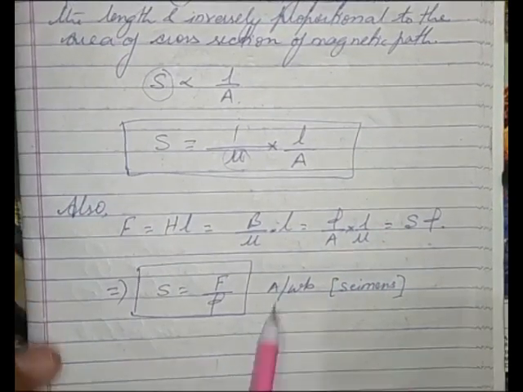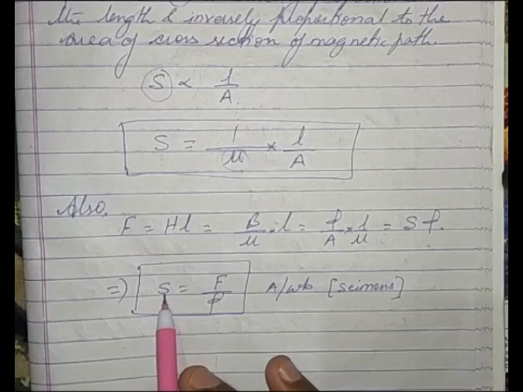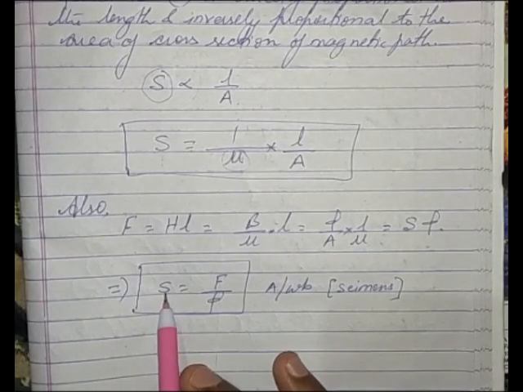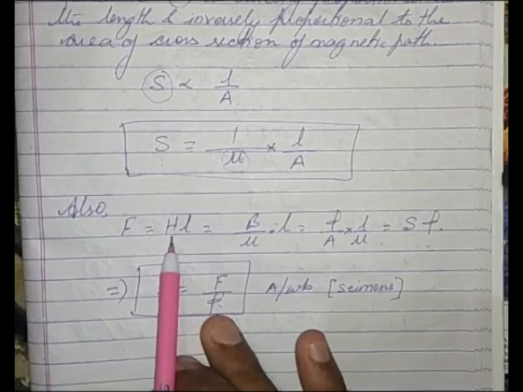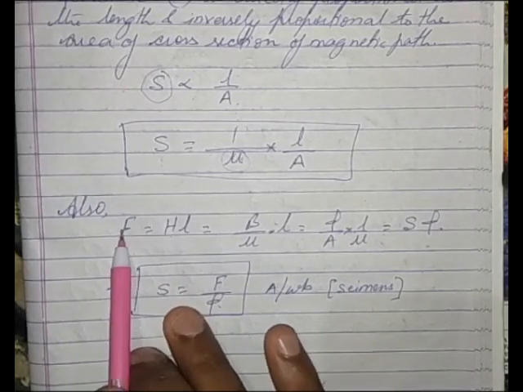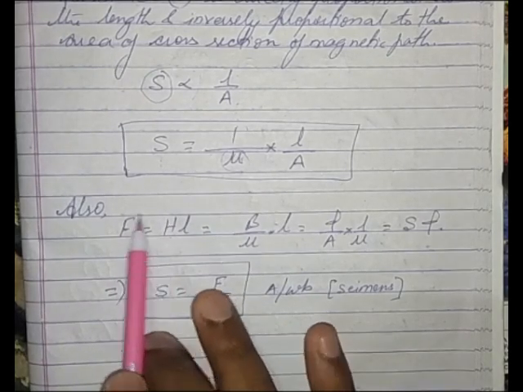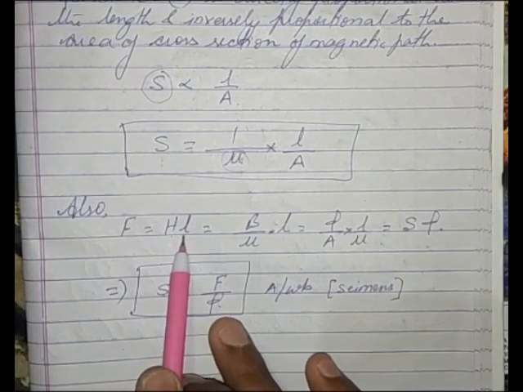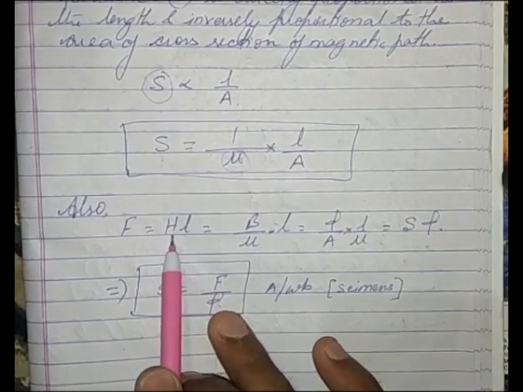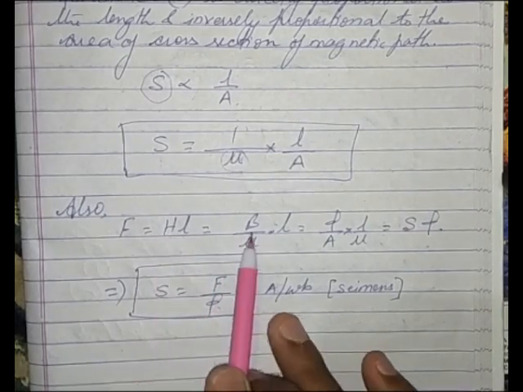Now we can also derive a formula which relates reluctance, MMF and flux. We know that H, the magnetic field intensity, is the ratio of MMF per unit length. So MMF F is equal to H into L. Since mu is equal to B by H, H is equal to B by mu.